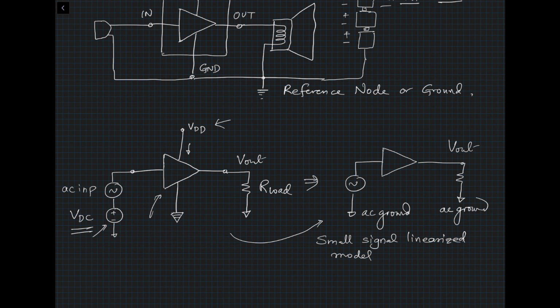When you do DC analysis, you would remove your AC input source, which is this one. You will zero it out, and when you do AC analysis, you would remove all the DC voltage sources. That's what you do. I'm going to repeat this process again and again, so bear with me just for a few minutes.